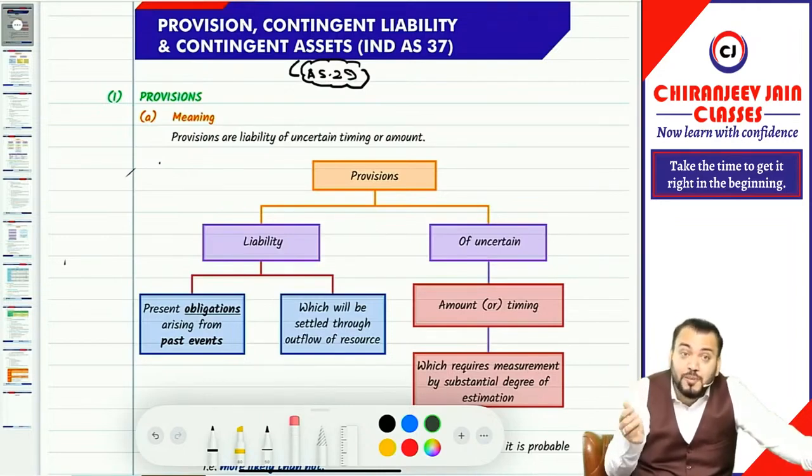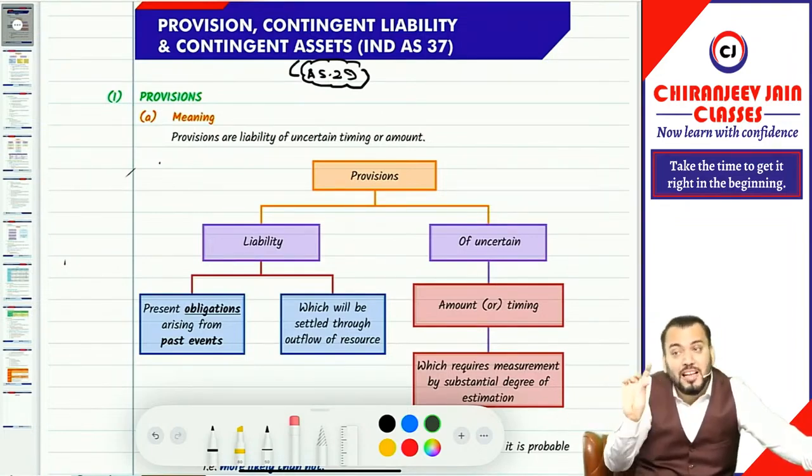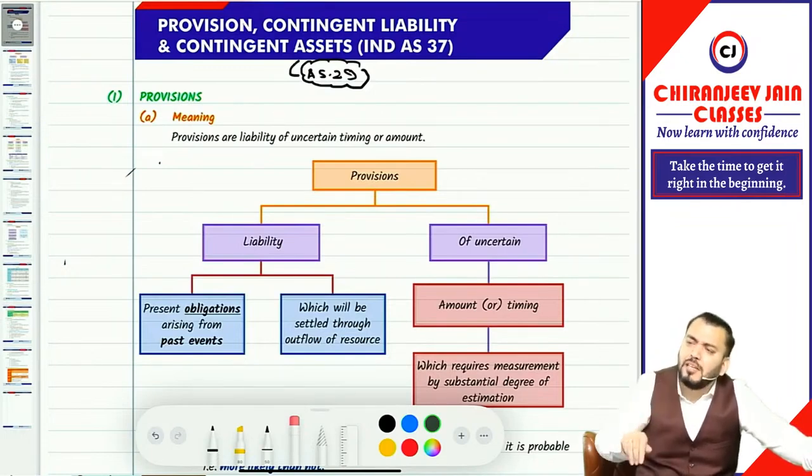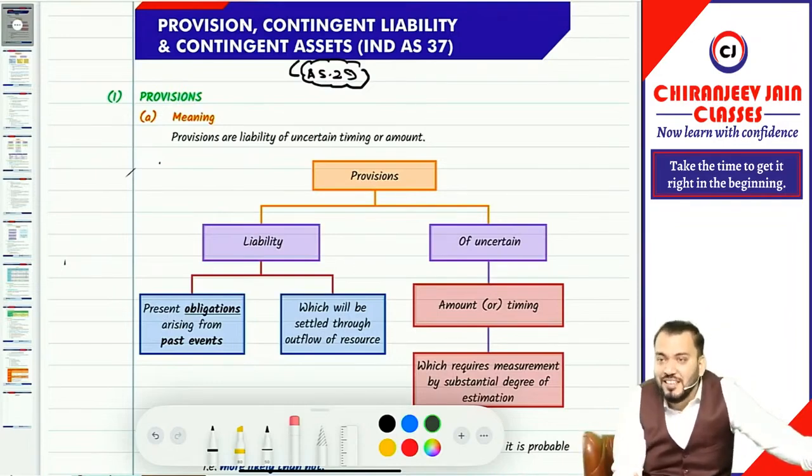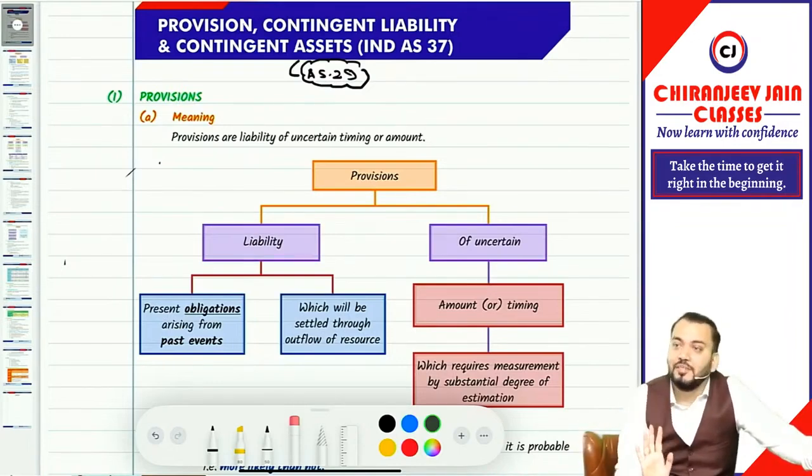Liabilities will always be what? Personal account. So real account means all assets except debtors, that means receivables. All types of receivables will be personal accounts. Apart from that, all assets of whatever nature will always be a real account. This is the correct definition.